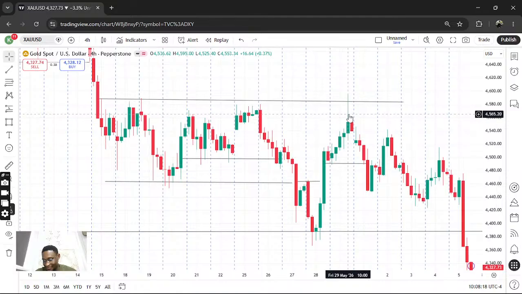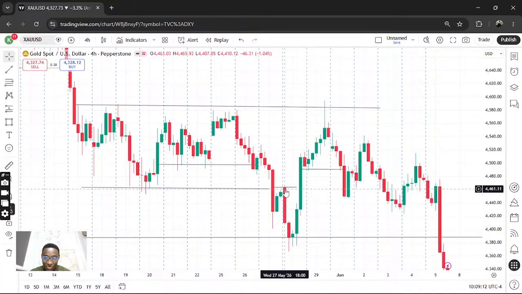It broke this particular structure downwards, returned, and came down again, and traded into this particular support line that I showed you from daily time frame. Okay, and then it came up, took out this high, which is a break of structure. So everything was just aligned to show you that the market wants to go up.